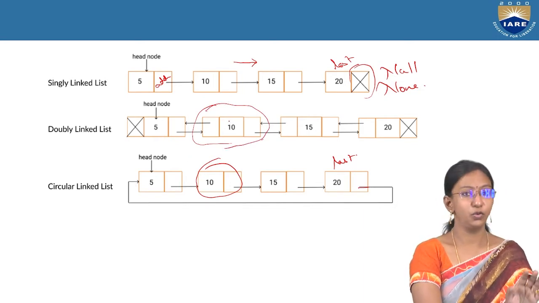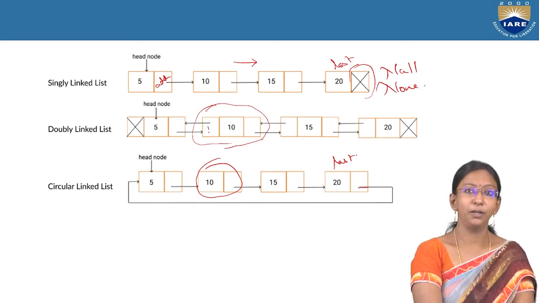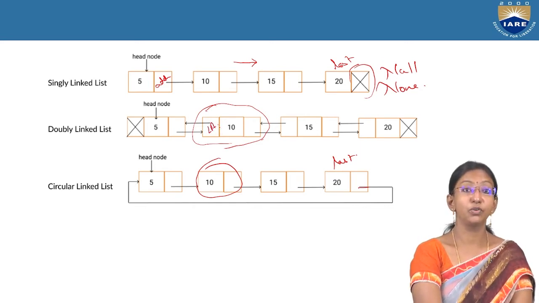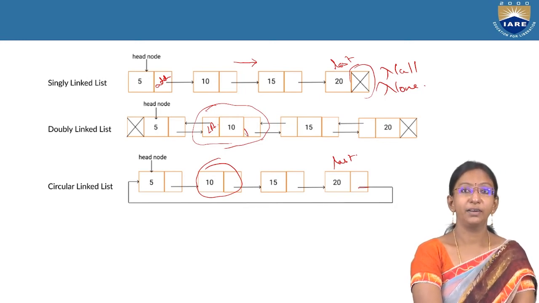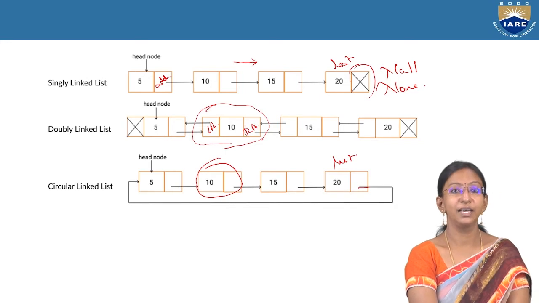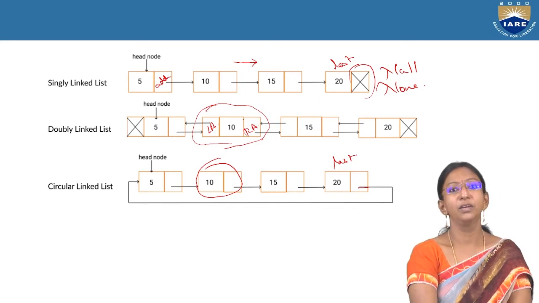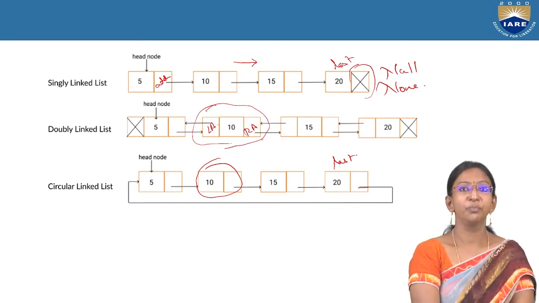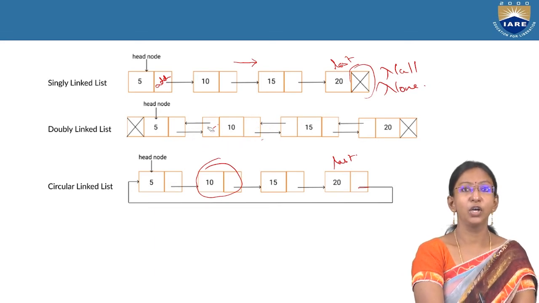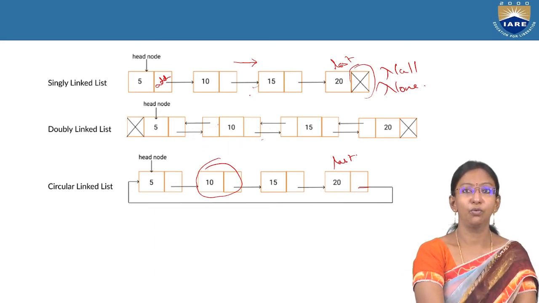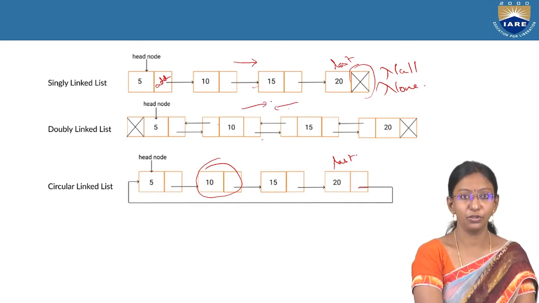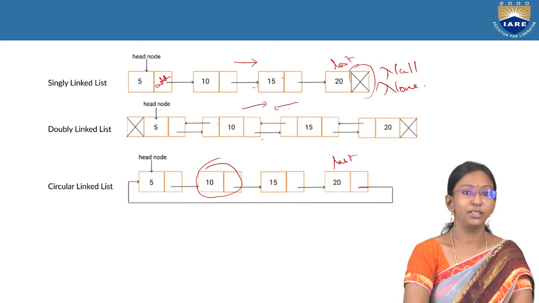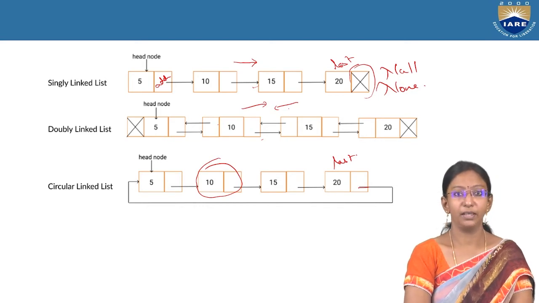Data part, the usual part which we generally have, and on its left side will be the left address part, which holds the address of the node to its left, and the right address part, which holds the address of the node to its right. With the help of these address parts, you can move forward as well as backward. In both directions you can travel, right? So these are the 3 types of linked list we find, right?